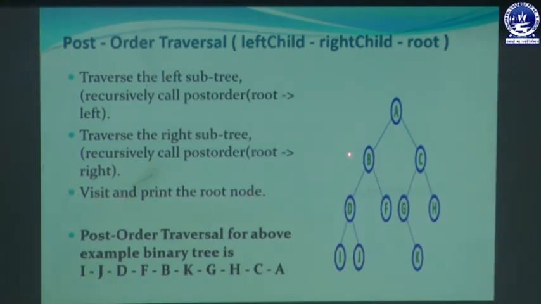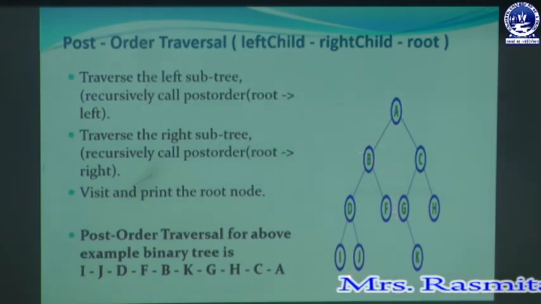Let's consider this is our binary tree, where A is the root node, and we are traversing this binary tree using post-order traversal. As per the steps, we will first visit the left subtree by recursively calling post-order.